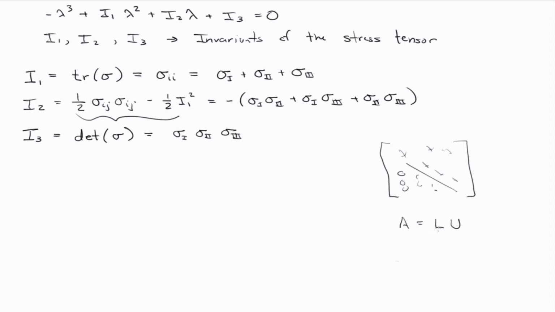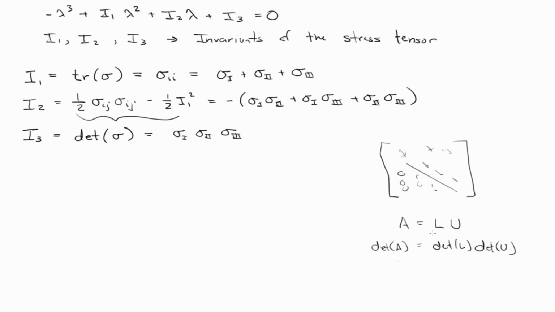So since the determinant of L is the product of the diagonal, the eigenvalues, right? And there's also an identity that says the determinant of A is equal to the determinant of L times the determinant of U. Right?